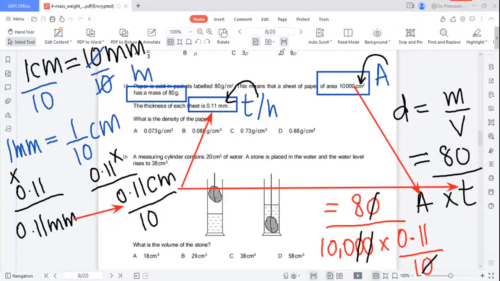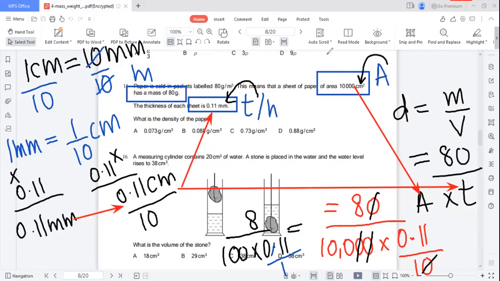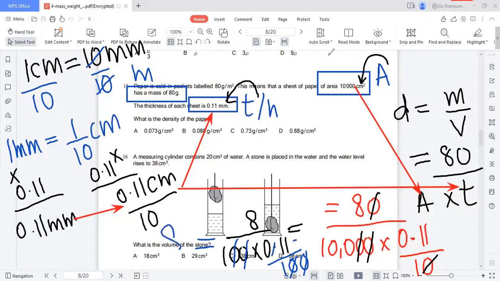So we are left with 8 over 100 times 0.11. And we know that if we remove point, it would be 1 in the denominator, and for 2 1s, it would be 0 zeros. So these 2 zeros are cancelled with these 2 zeros. So we are left with 8 divided by 11.